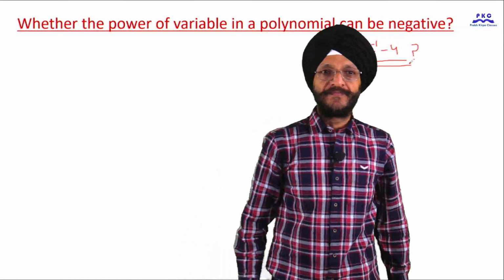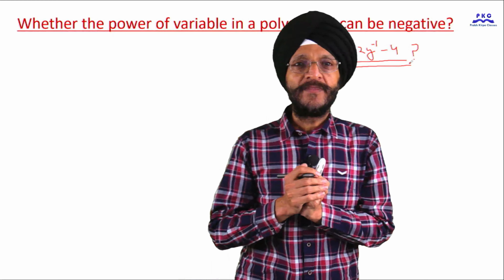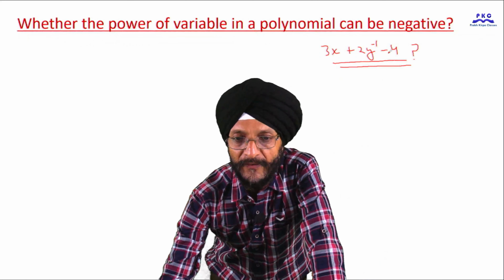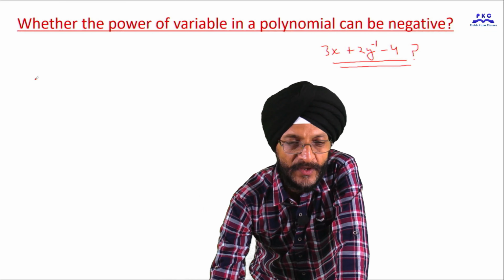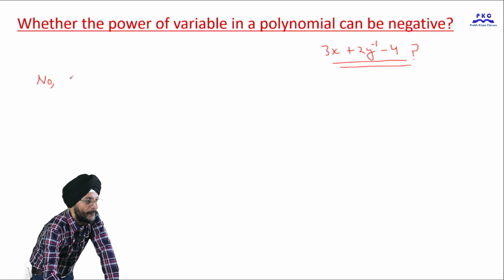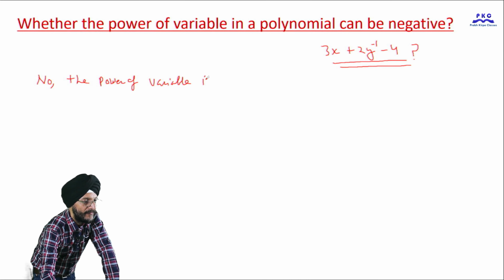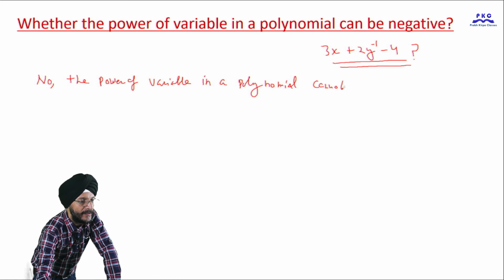This is the question. Whether it is possible that the power of the variable can be negative. So the answer is no. The power of a variable in a polynomial cannot be negative.